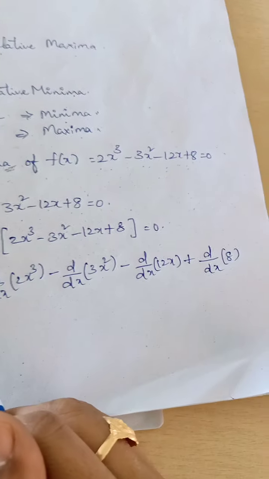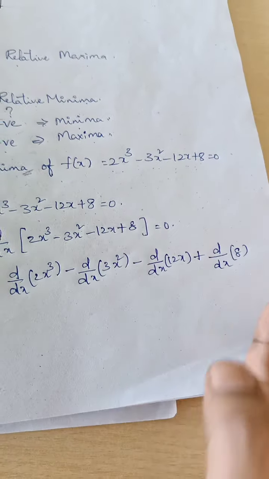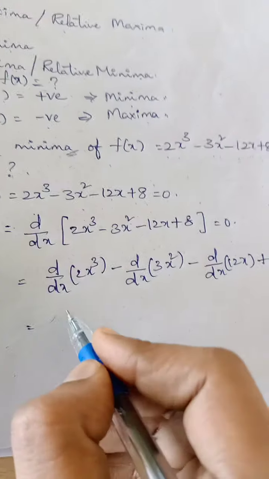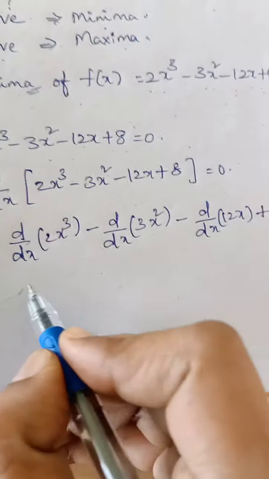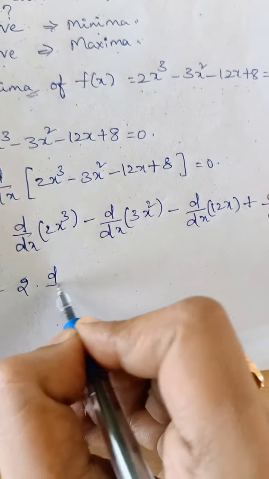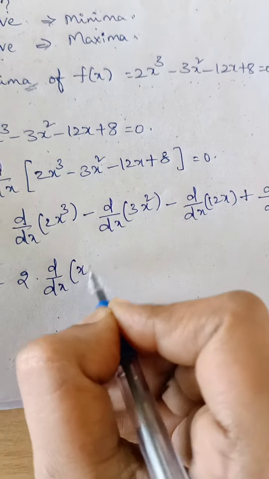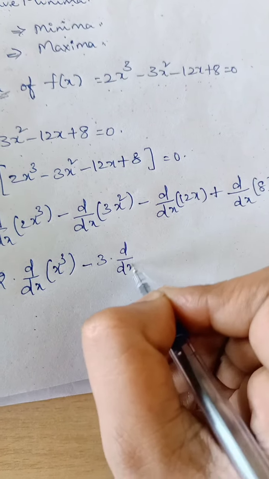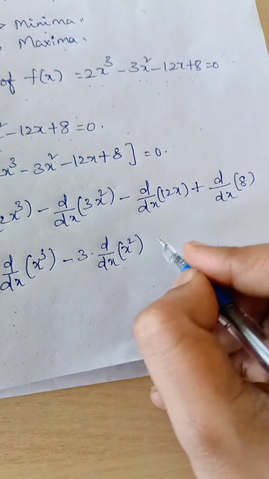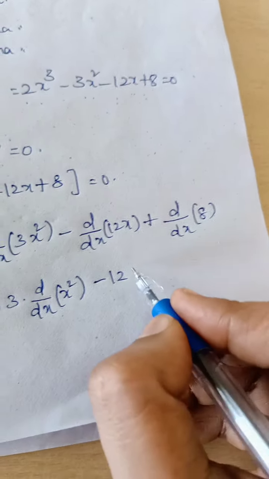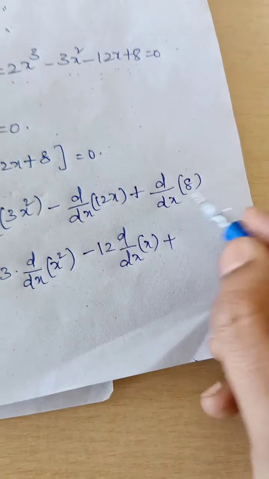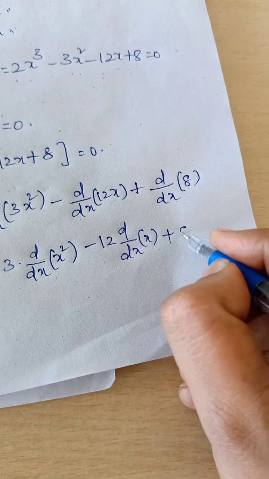Here we have constant values, so we can write this separately: 2 into d by dx of x cube minus 3 into d by dx of x square minus 12 into d by dx of x plus d by dx of a constant, which is nothing but 0.